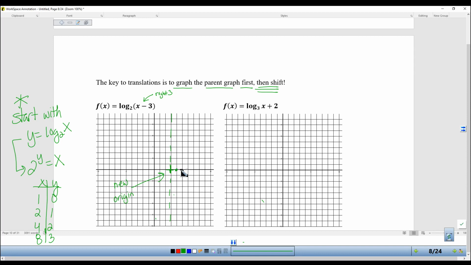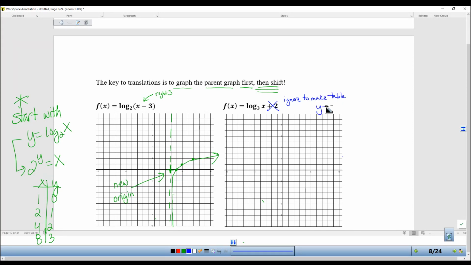There's 1, 0. Here's 2, 1. Then 1, 2, 3, 4, and then 2. And it turns out I can't do 8, 3 because I shifted. If I had shifted to the left, I would have been able to fit it. And there you go. So again, I would ignore the plus 2 at first. Ignore it to make your table. It will be so much easier.